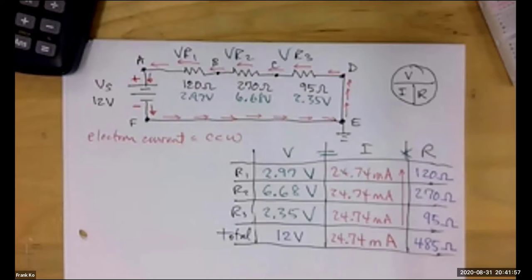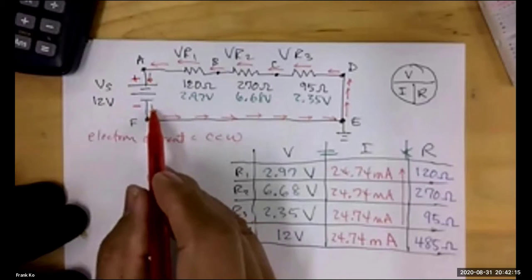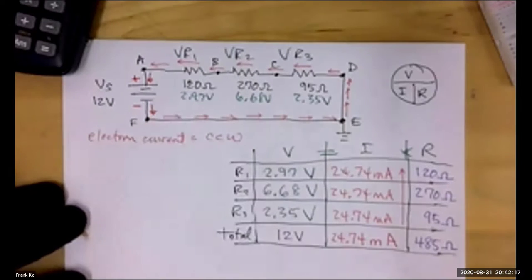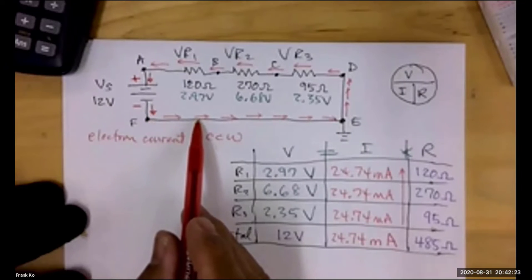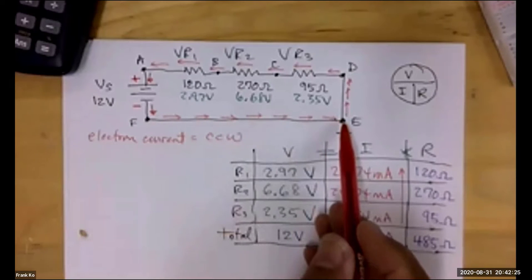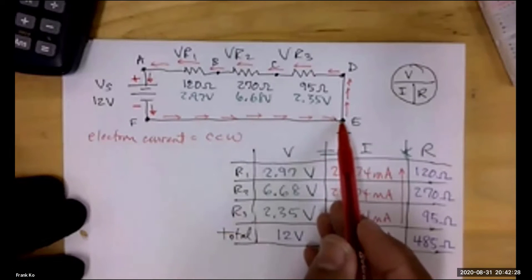Yes, Isaac? How do you find out which way the current's flowing? Well, because electrons are negative, they flow from what plate of the source? From the negative plate. So if it flows away from the negative plate, in this case, it's flowing down. Once it flows down to this corner F, it's going to go to the right. The electrons will continue until they hit E. Once it hits E, where's it going to go? It's not going to go to ground.